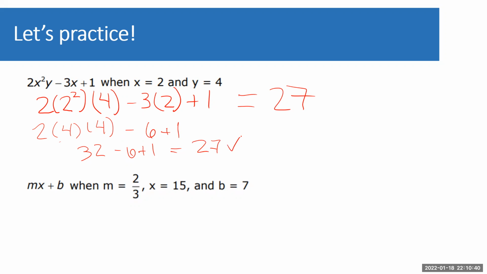Now we need mx plus b when m is 2/3, x is 15, and b is 7. So mx plus b, m is going to be 2/3. X is going to be 15 plus 7, which is going to be b. Let's just plug that into the calculator because that one's not going to be quite as pretty by hand.